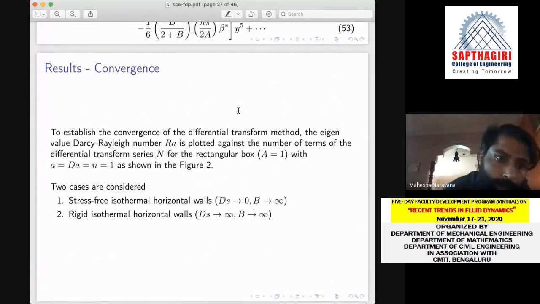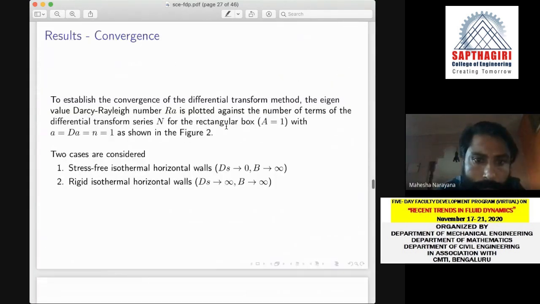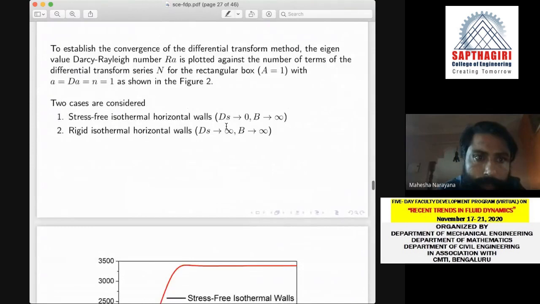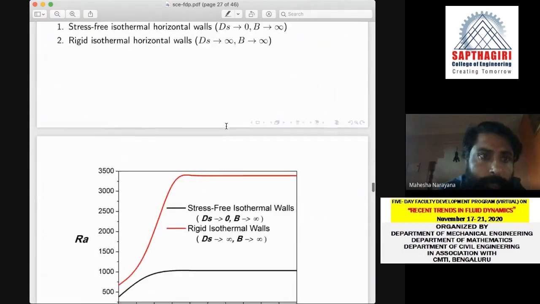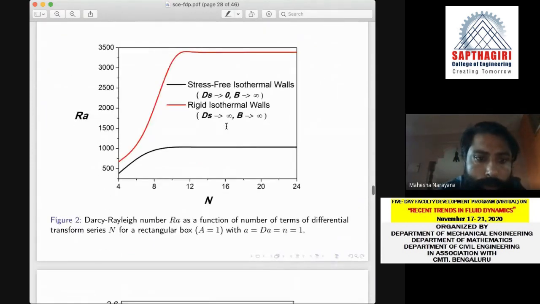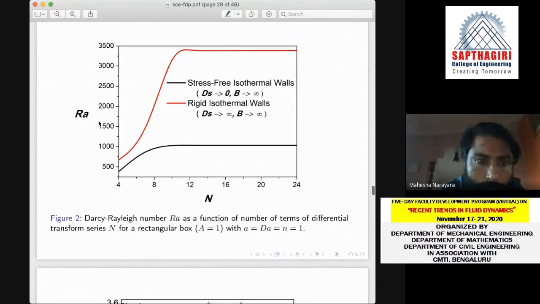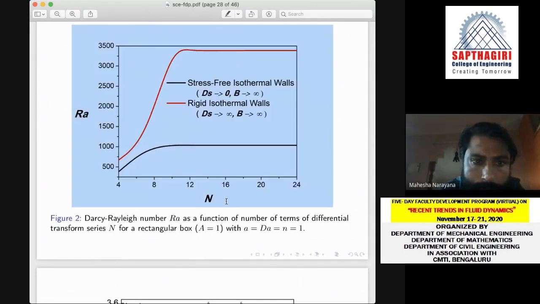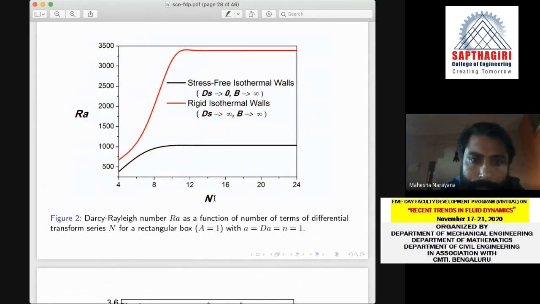And all you need to do is just to see how these partial sums converge. So before I go to the partial sums, I'll just show one result where the Rayleigh number is plotted as a function of the number of terms of the series, okay?